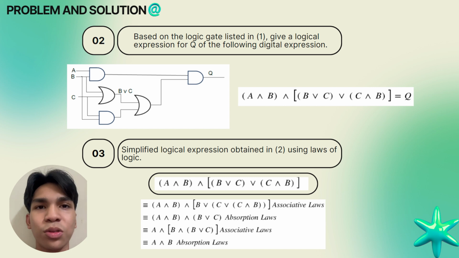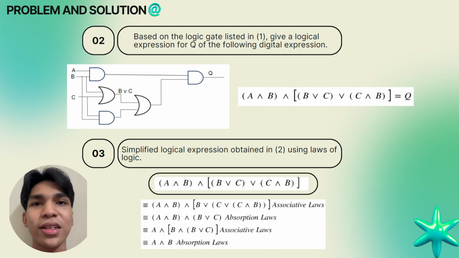If you try to read the question from the right, it is A and B, and then another bracket, B or C, or C and B, and close all the brackets is Q. It might seem a bit hard, but once you look at the diagram, it's actually quite simple. You just follow all the lines and see where it ends up.